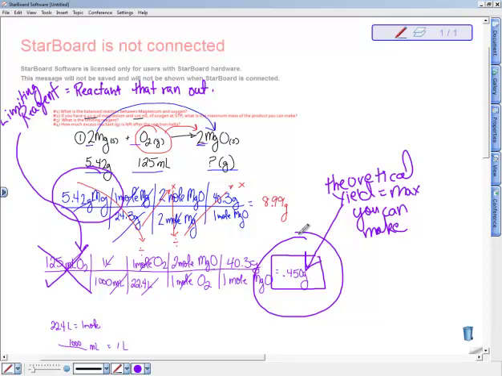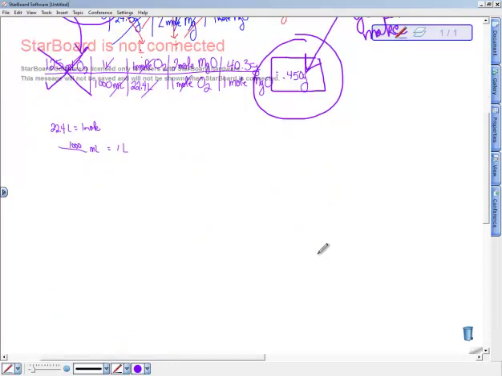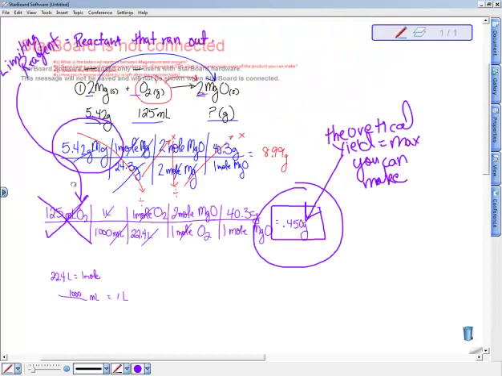We know that in that 0.450 grams, there's a certain amount of magnesium in there. And you can either use percent composition, or you can do it my way. And I'm going to show you my way real quick, okay? So what we're going to do is figure out how much magnesium is in that product. Are you ready? Follow my thought process, because we did not use all of the 5.42 grams that was available to us.